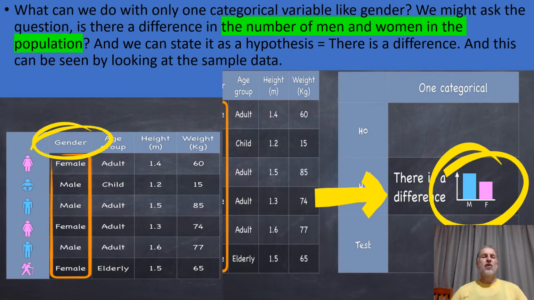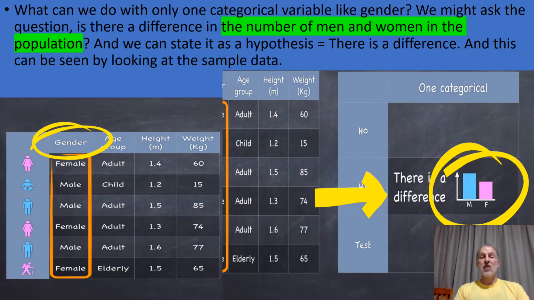People, if you're going to focus on only one categorical variable, you can ask yourself, what can I do with only one categorical variable, like gender, for example? We might ask the question for this research: is there a difference in the number of men and women in the population?